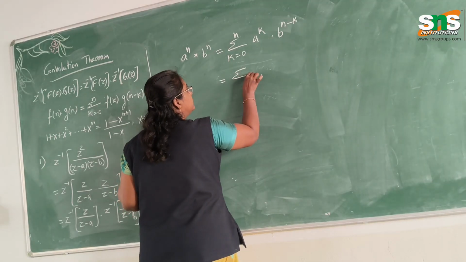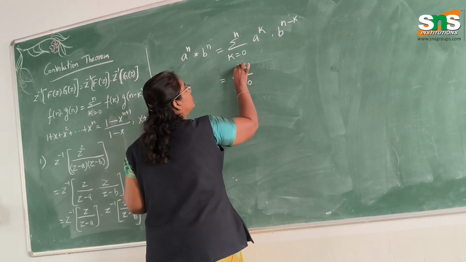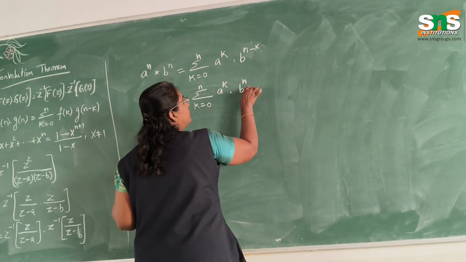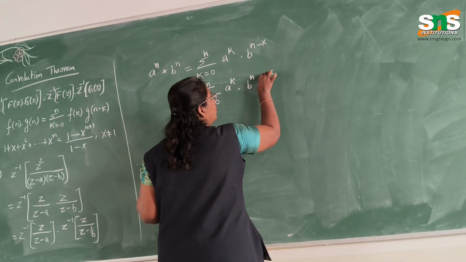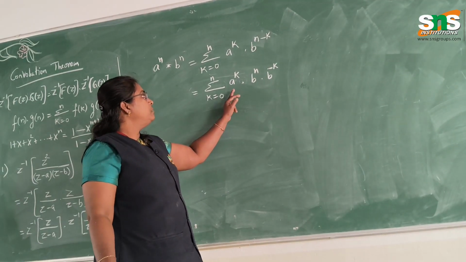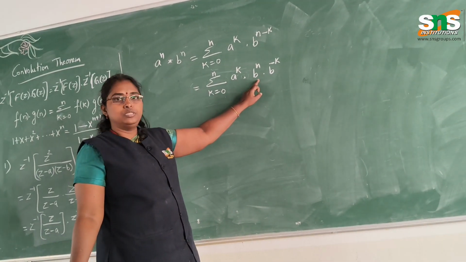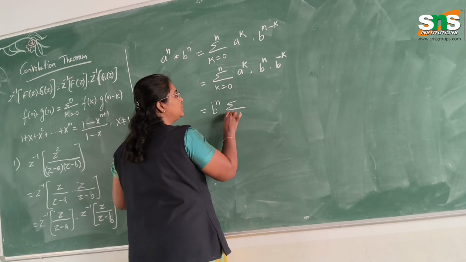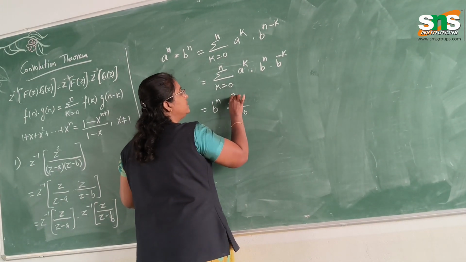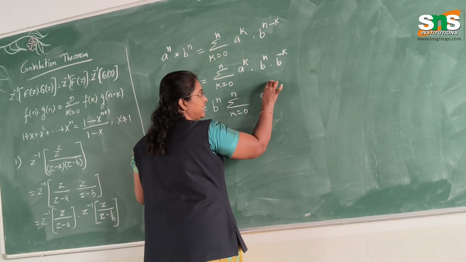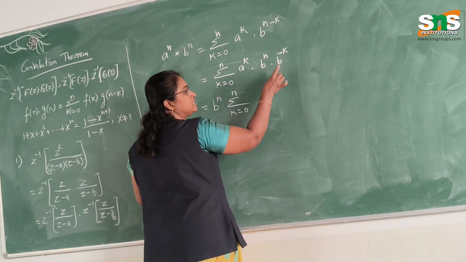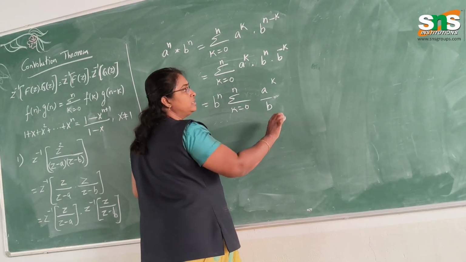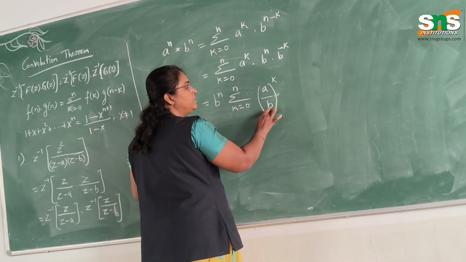Next, summation k equal to 0 to n of a power k into, splitting this term, b power n into b power minus k. Why? Because this summation is only for k, not for n. So b power n is a constant, take it out. Summation k equal to 0 to n of a power k, and this minus k means it will come in the denominator. Both terms have a common power, so we write a by b to the power k.